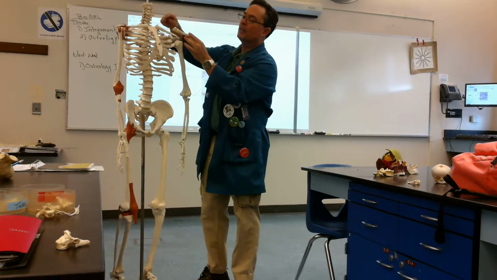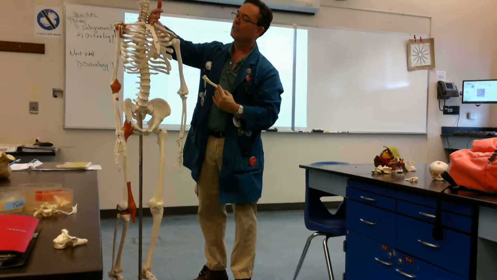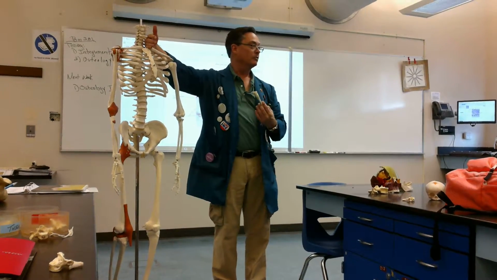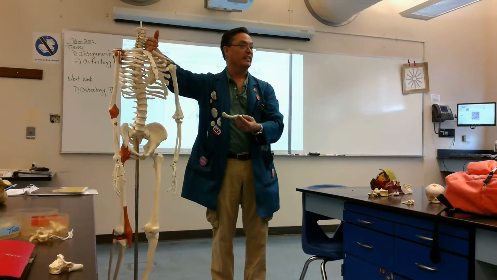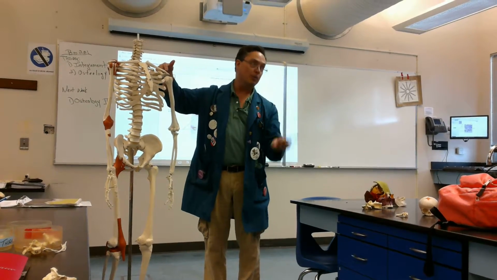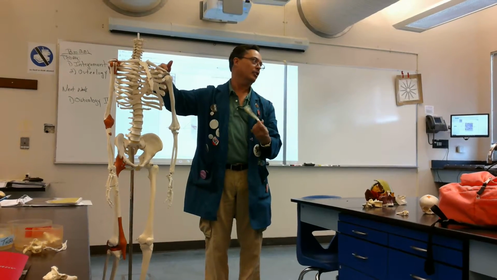But when you put it up here, you have one end of this clavicle that's towards this end, and another one that's on this end. This end is called the medial or sternal end of the clavicle. This over here is called the lateral or the acromial end of the clavicle.